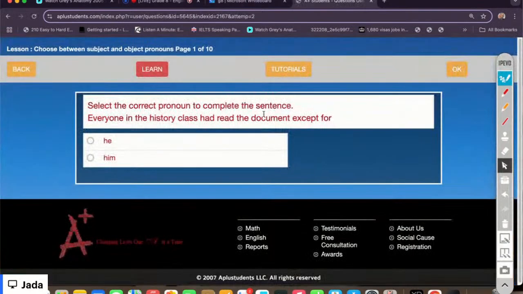So if you're here, you can participate. You can send in your answers to the questions, okay? So select the correct pronoun to complete the sentence. Everyone in the history class had read the document except for, so you have to choose the right pronoun. So you can share your answers if you're here.